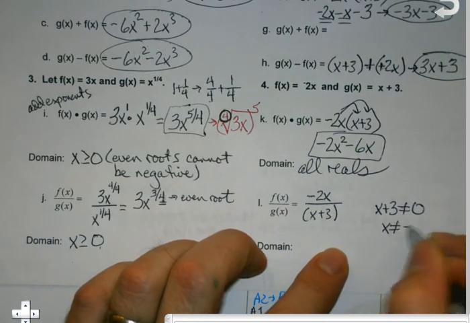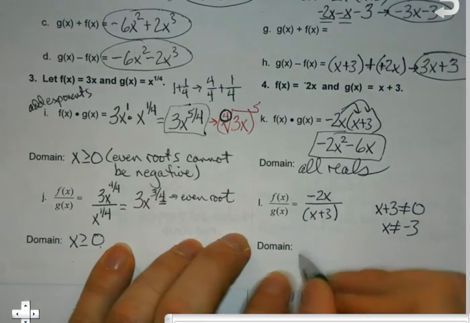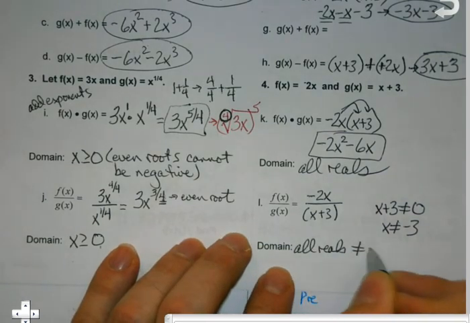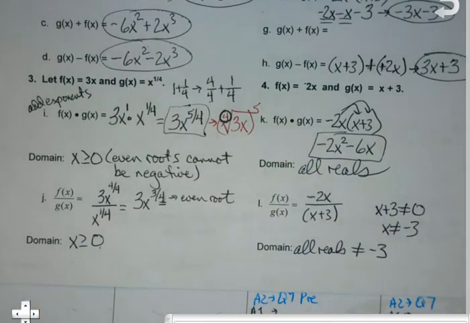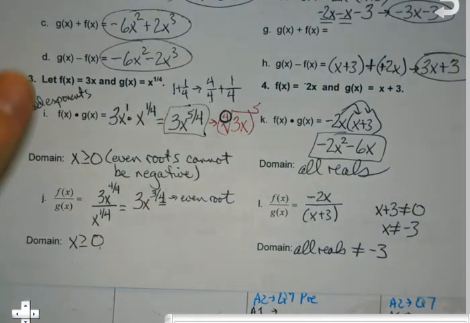And I'm like, ooh, okay, so negative 3 would be a problem. Negative 3 plus 3 would be 0. So all reals not equal to negative 3. Again, it's just those two things, fractions and fractional exponents. So that kind of goes together. You see a fraction in there, you have an issue, okay?